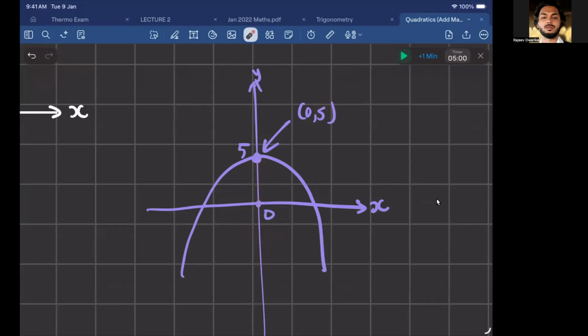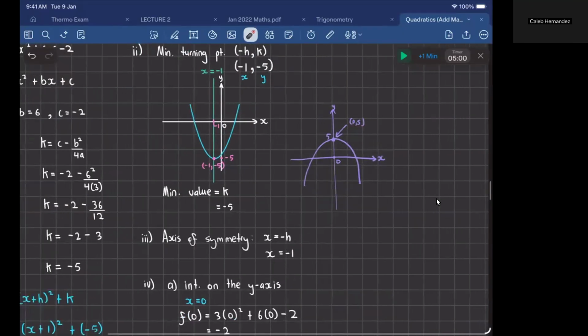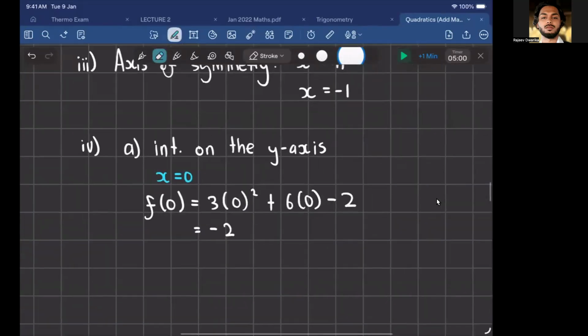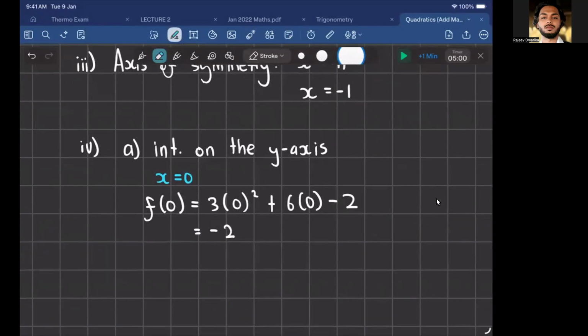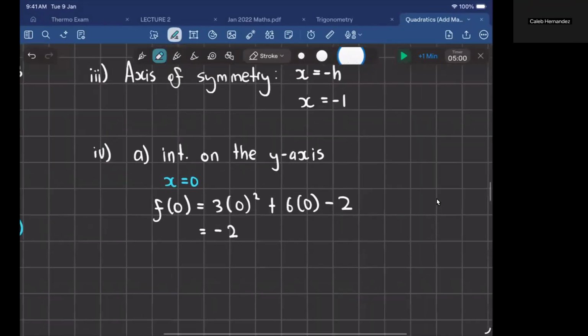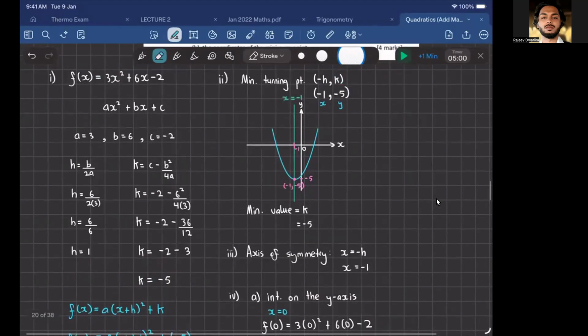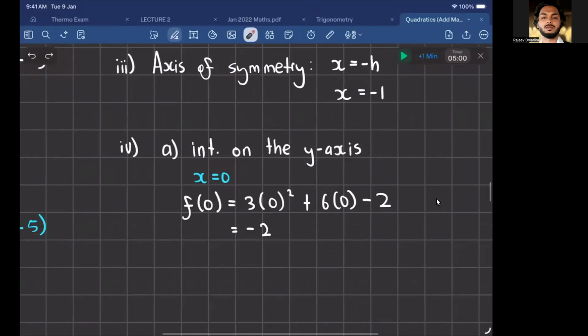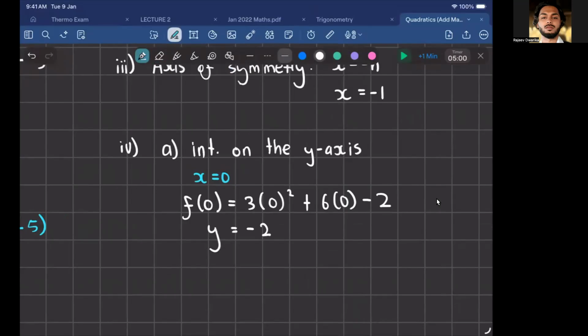You notice that the x value was 0. So if you are cutting the y-axis, then the x value is going to be equal to 0. And with that information, we could plug 0 into the function, the 3x squared, and you'll get the y value. So when x is equal to 0, the y value is -2.